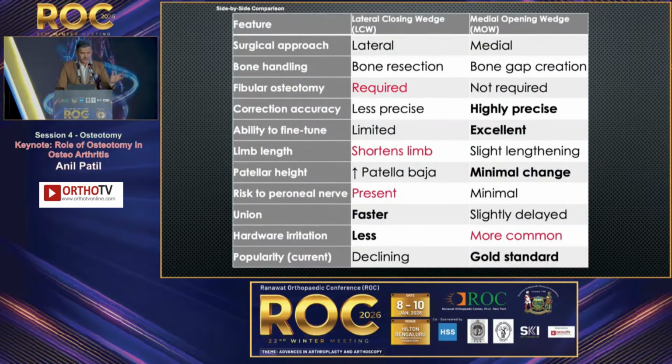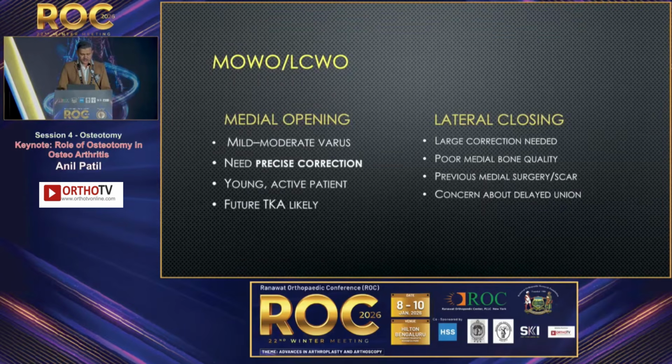If you do the comparison now, trying to understand the lateral and the medial side, what happens on the lateral side is fibular osteotomy is required, limb shortening is there, and the risk of common peroneal nerve injury. On the medial side, you have high precision of correction, excellent ability to fine tune, and minimal change in the patellar height, and now it is considered as a gold standard.